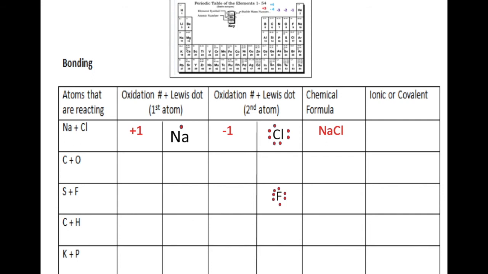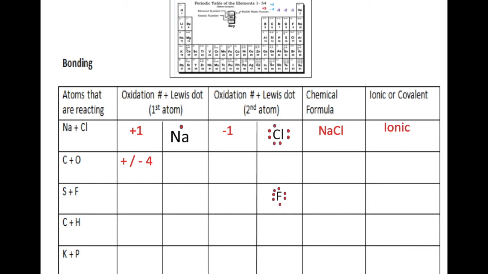Chlorine is taking an electron from sodium, and we know this because chlorine is on the right side of the table and sodium is on the left, and chlorine has a higher ionization level. If there's a bigger ionization level for chlorine and it's taking that electron away, it must be forming an ionic bond.